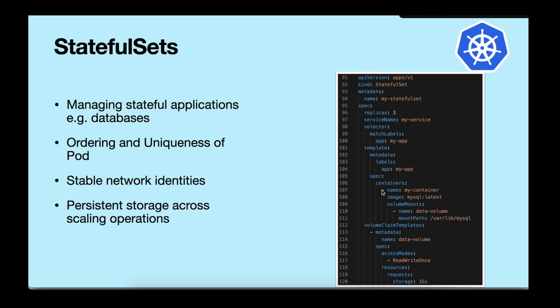Like a deployment, a stateful set manages pods that are based on identical container specifications. Unlike a deployment, a stateful set maintains a sticky identity for each of its pods. These pods are created from the same specifications but are not interchangeable. Each has a persistent identifier that it maintains across any rescheduling.